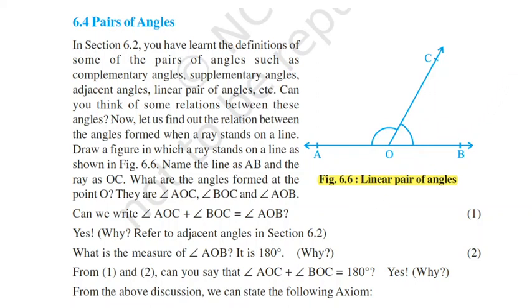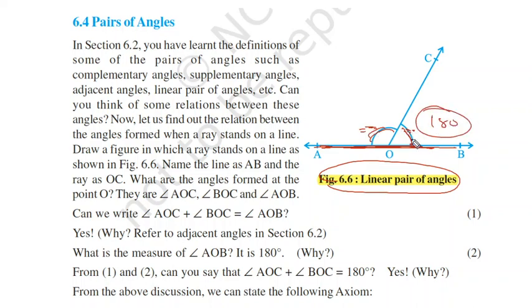So what was the linear pair of angles? If in adjacent angles the non-common sides form a single line, then we call them a linear pair of angles. And in the previous part I also told that the sum of the two linear pair angles is 180 degrees, because angle AOB is on a straight line.